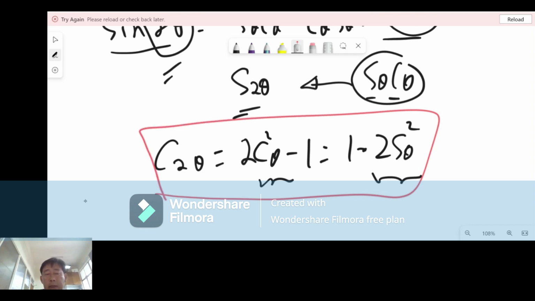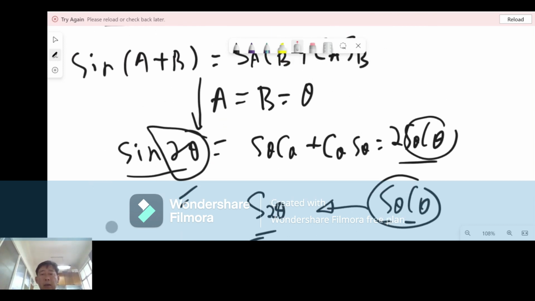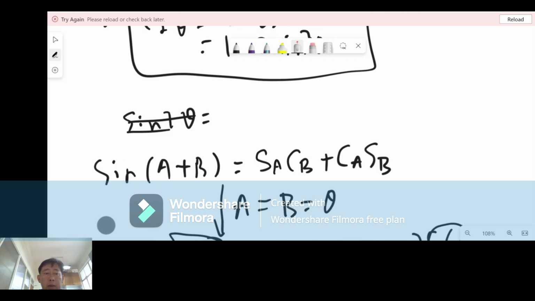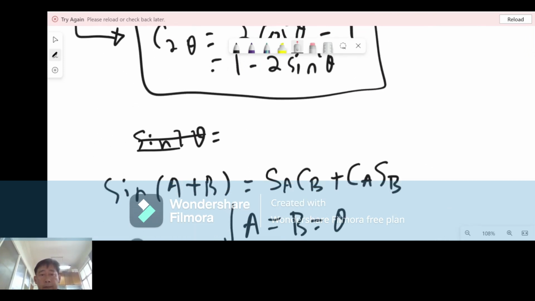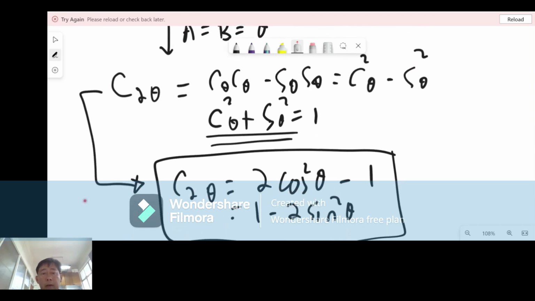And this relationship is obtained by slotting in the trigonometric function for sine square and cos square into the cos of 2 theta.